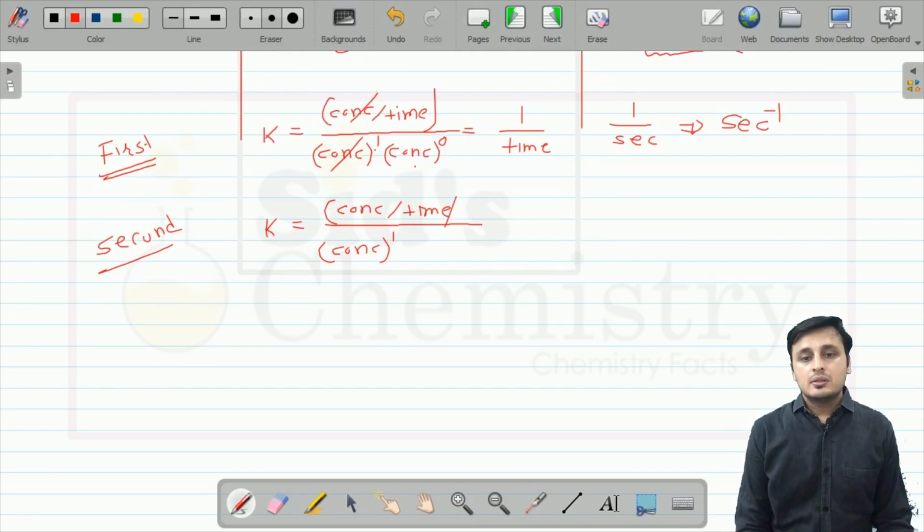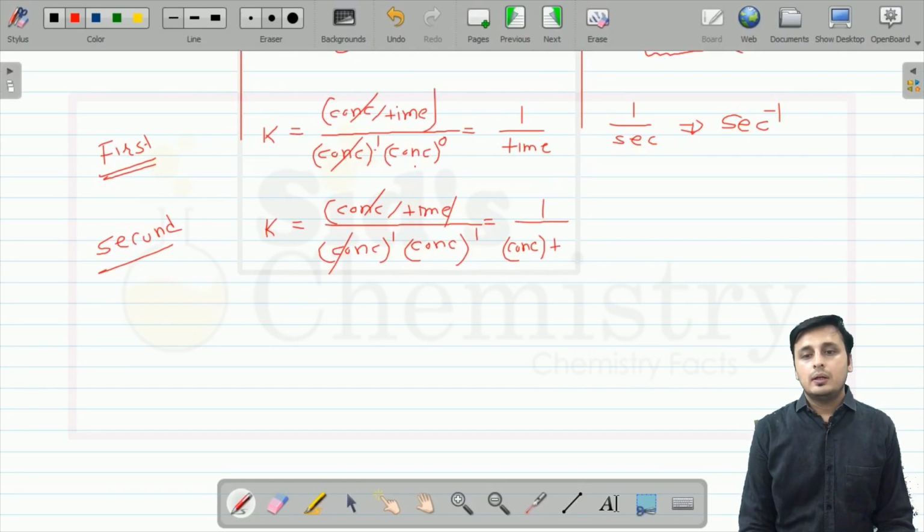So concentration raised to 1 and concentration raised to 1. If we simplify this, the concentration will be cancelled, and finally we end up with 1 upon concentration into time.